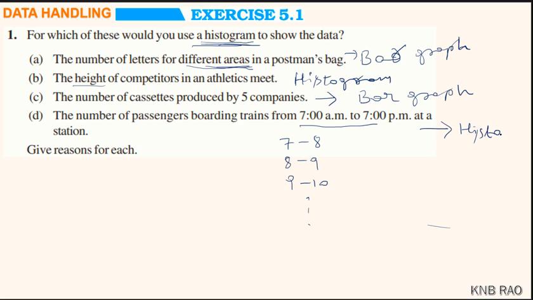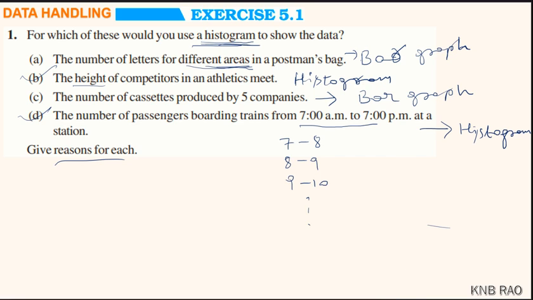So here I can say B and D are convenient to draw a histogram, and the reason is that all those data can be divided into class intervals. So B and D alone can be drawn as histograms.